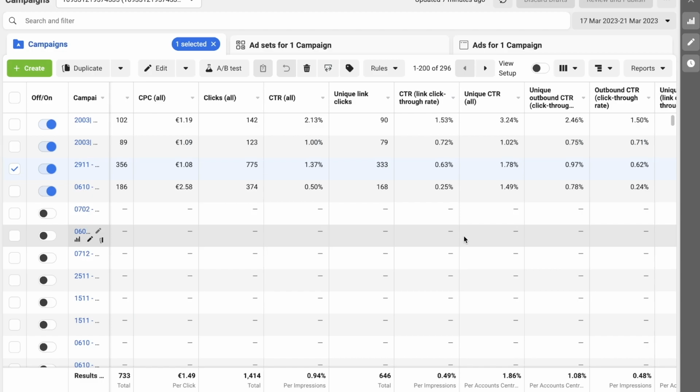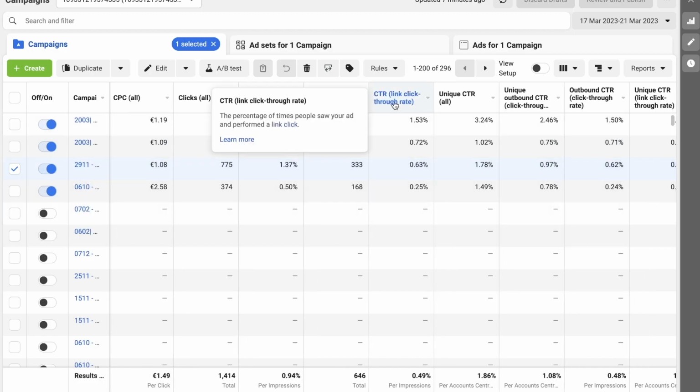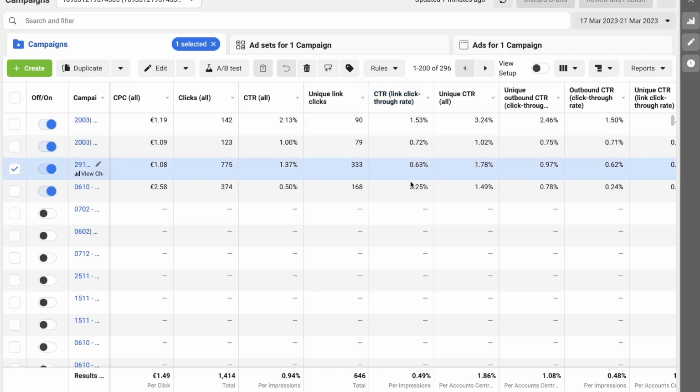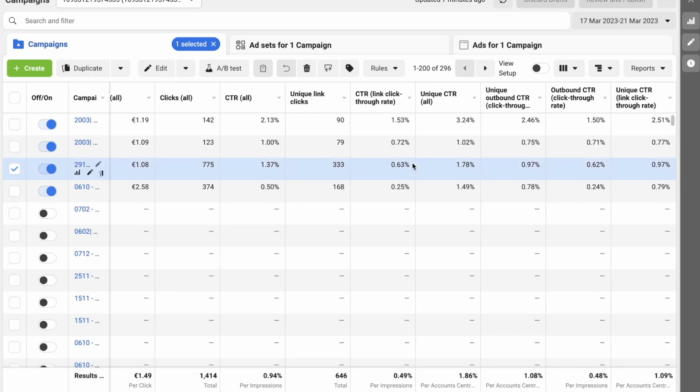And just by looking at the holistic business framework and the KPI master sheet that we've developed, you can already tell that the CTR, especially for outbound traffic and for these link clicks, is really low on these campaigns. It's much lower than you want it to have. And you can already see in your KPI framework master sheet that this could definitely potentially be one of the bottlenecks that this business is currently struggling with, because you pay only for your impressions.